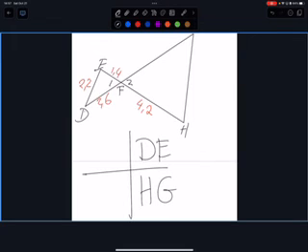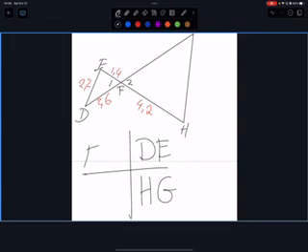Bam, bam, bam. Now I need two lengths that represent each other. Which two? E, F and F, E. Correct.